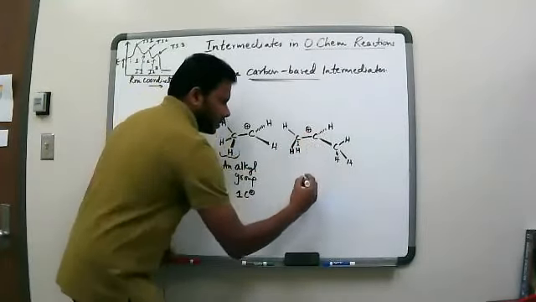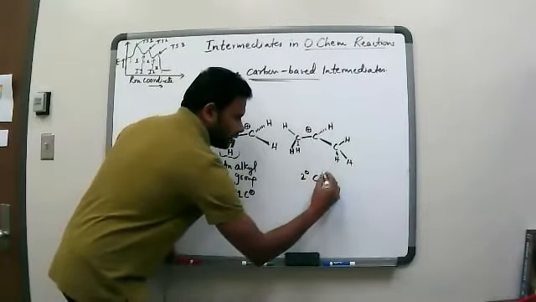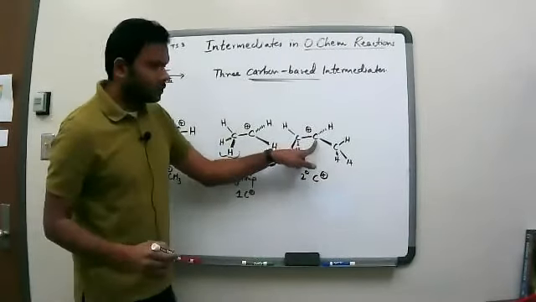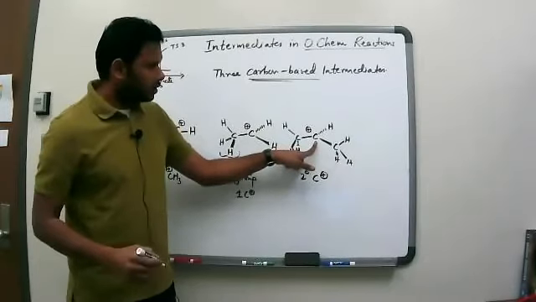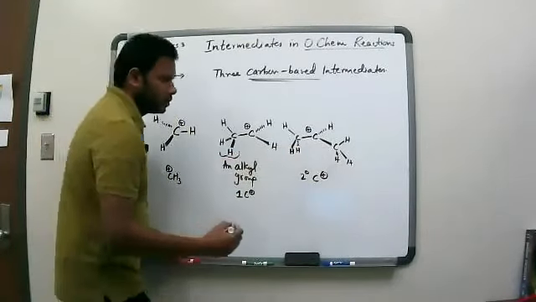So now we are looking at a secondary carbocation, because you can notice how the carbon with the carbocationic nature has two carbon containing groups connected to it.